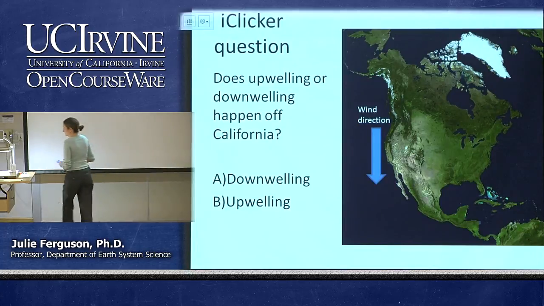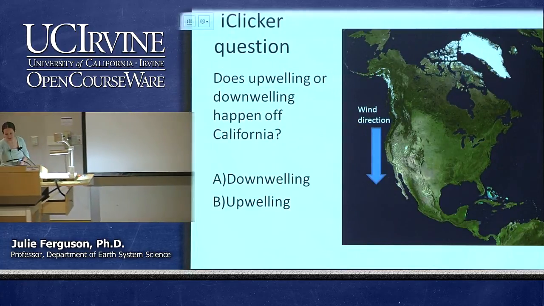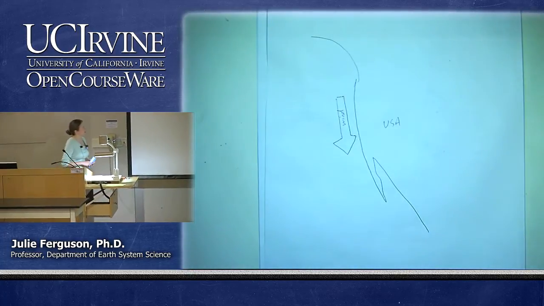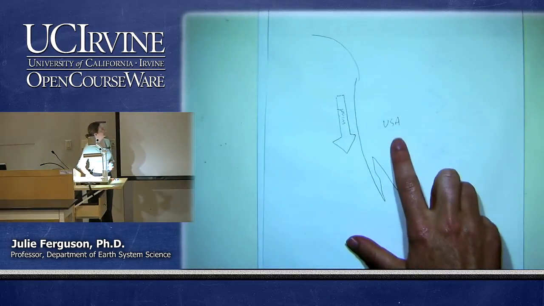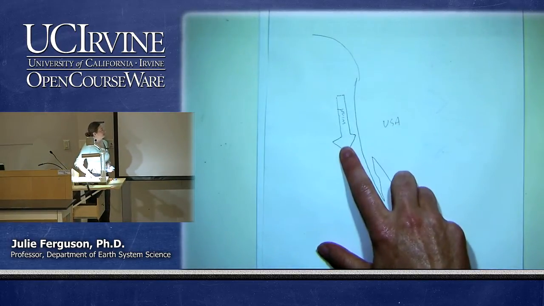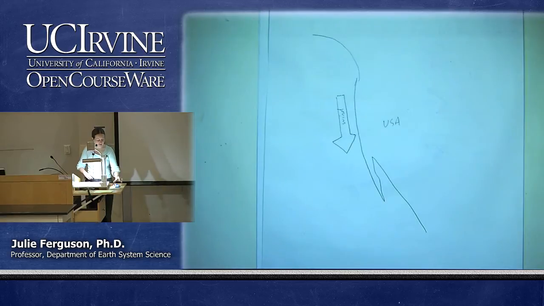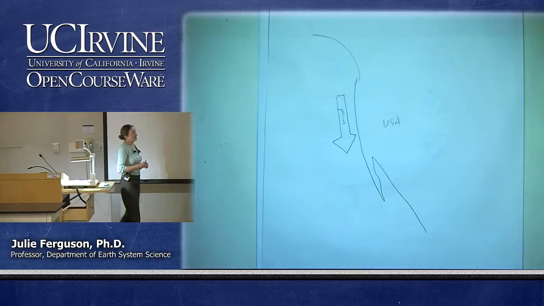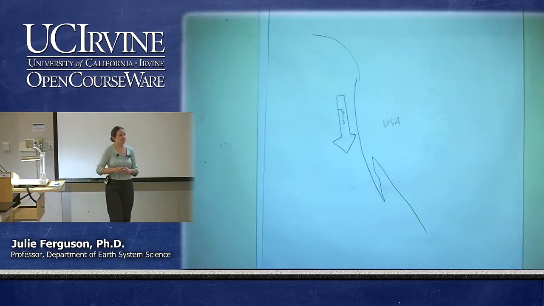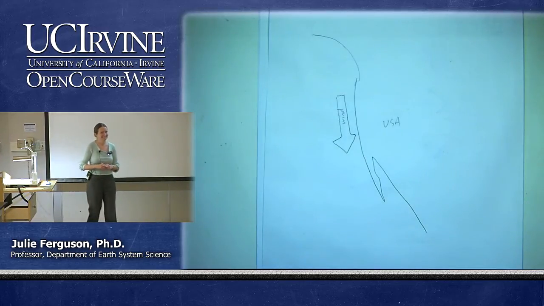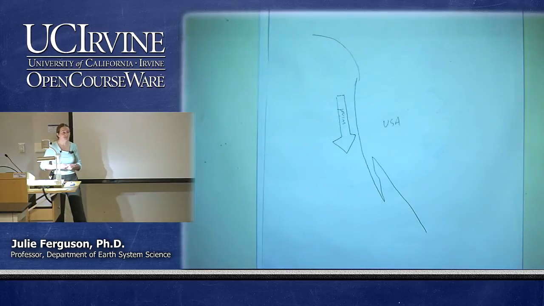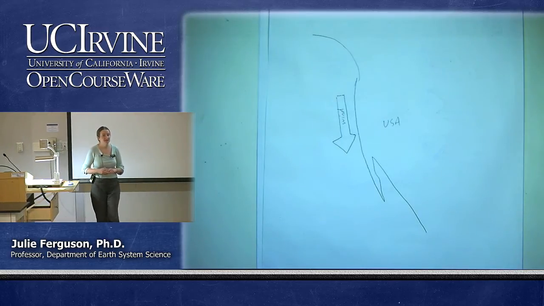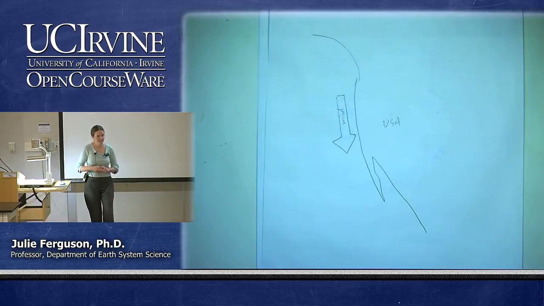So here's one I just drew, which is not terribly pretty, but here is the USA. Here is our wind direction. We are in the northern hemisphere, so which way is water going to move? Is it going to move away from land or is it going to move towards land? Remember, when we're talking about the Coriolis force, we have to look along the arrow.